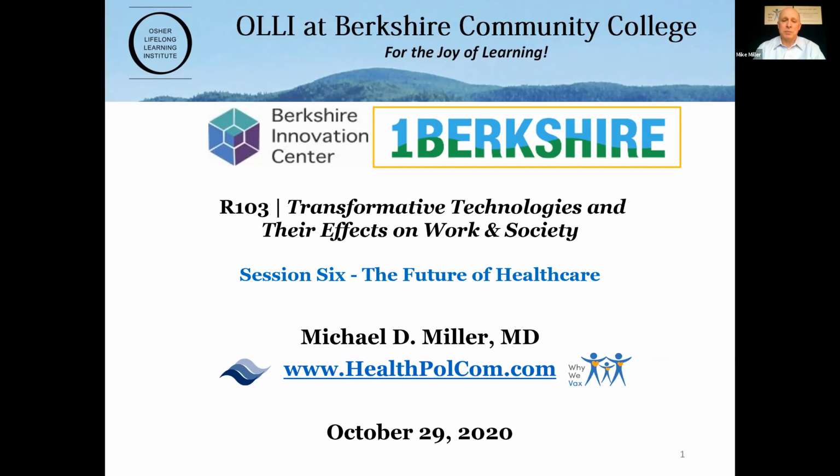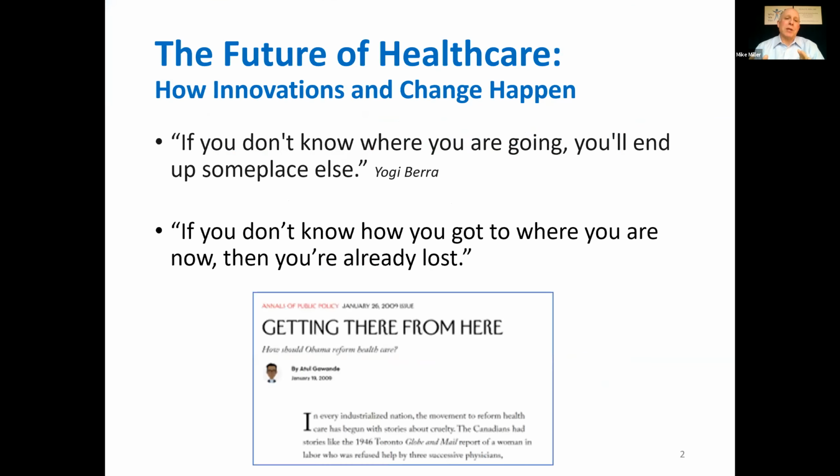So first thing is, if you look at the future of healthcare, there's sort of two things I always want to think about. One is you got to look to the future. And Yogi Berra said, if you don't know where you're going, you'll end up someplace else. So I think we always got to think about what we want our healthcare system to be, what we want it to achieve, what we want it to provide for us.